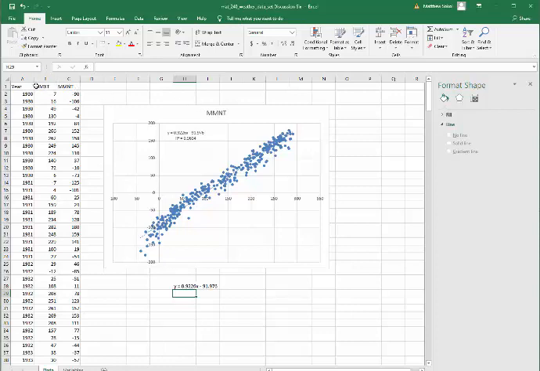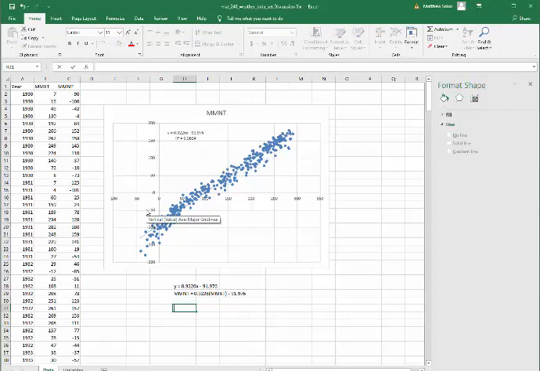The independent variable, the x variable, was mmxt, and the y is mmnt. So mmnt is equal to 0.9226 times the mmxt variable minus 91.976.